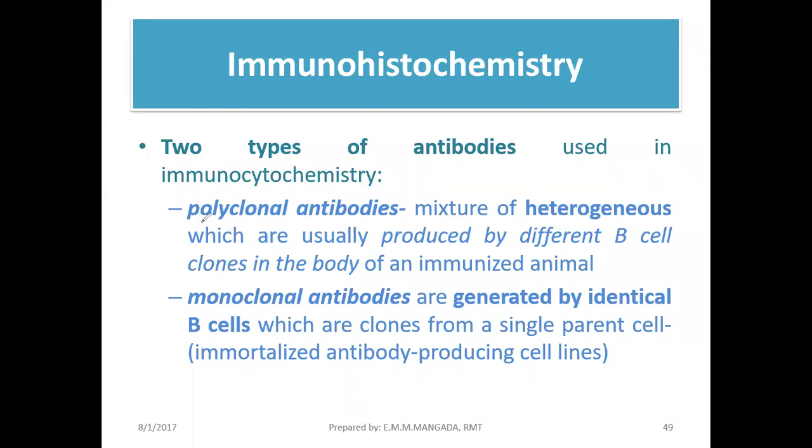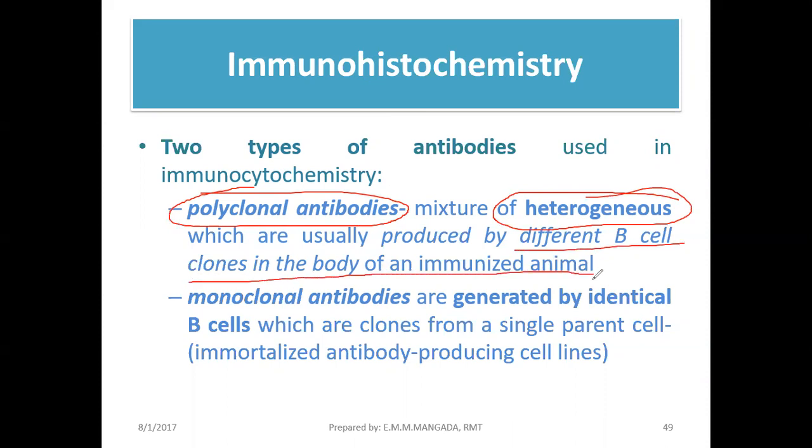When we say polyclonal antibodies, these are mixture of heterogeneous antibodies. Anong ibig sabihin? Okay, so these are mixtures of heterogeneous antibodies that are usually produced by different B-cell clones in the immunized animal. Okay? Ano ba yung ibig sabihin?